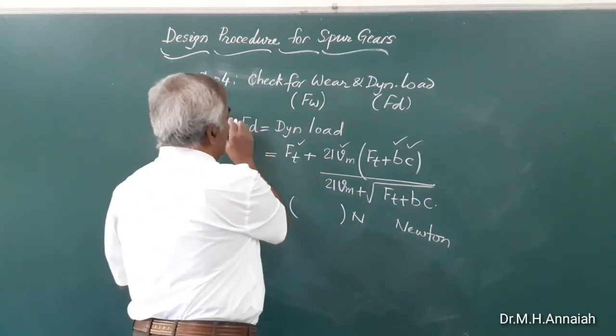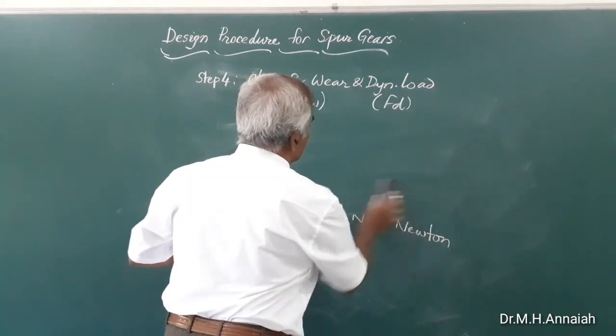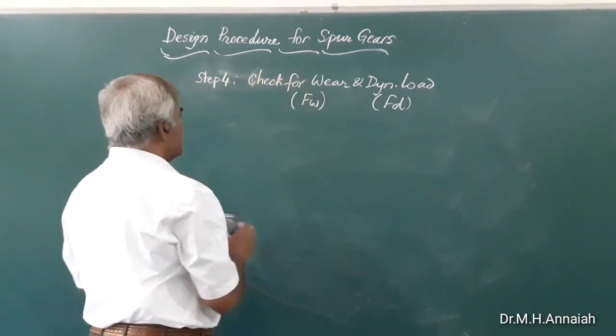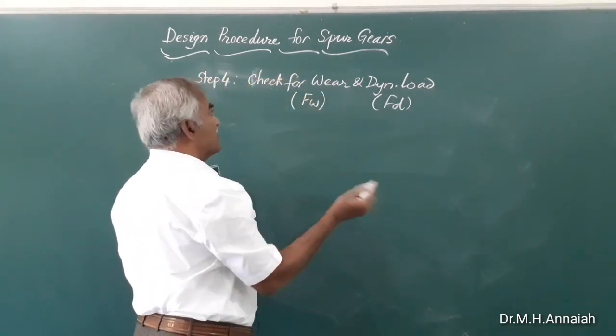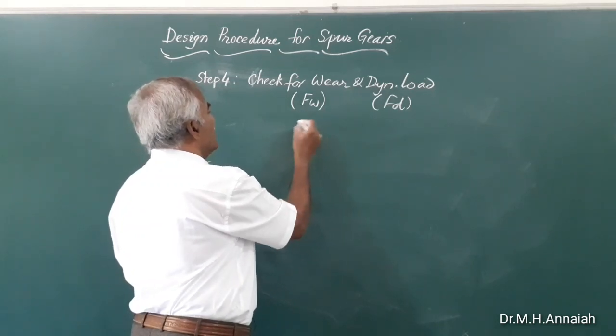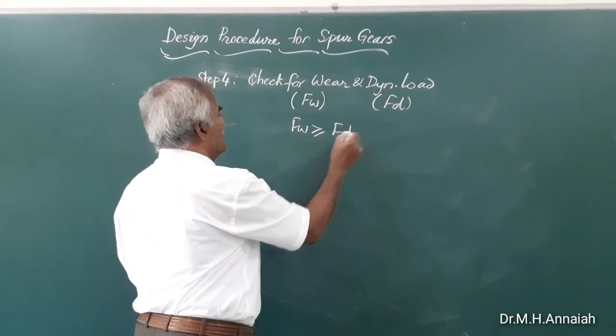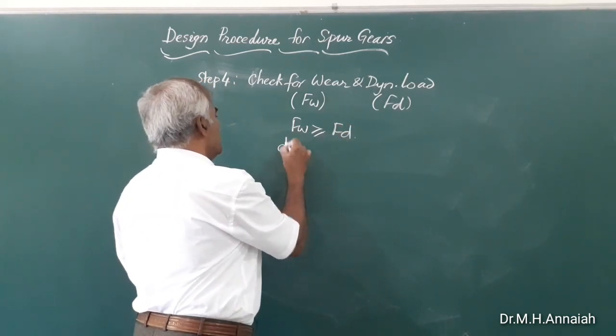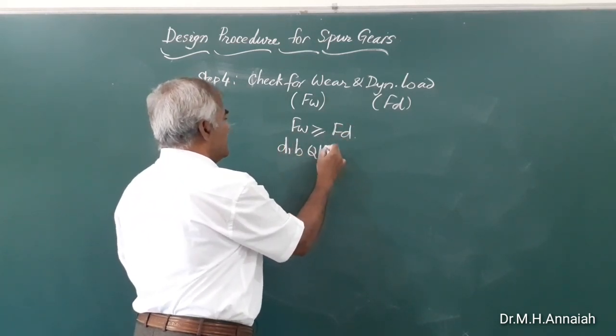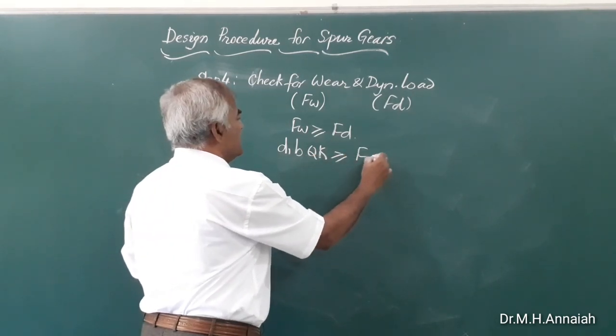Friends, say after calculating the wear load and the dynamic load, I am going to equate them, that is Fw is greater than or equal to Fd. Fw is d1 b q k greater than or equal to Fd.